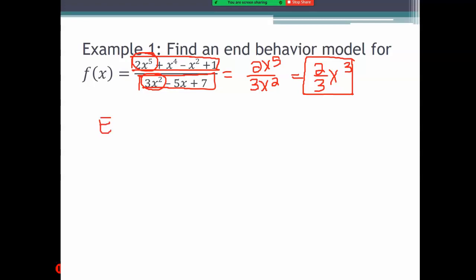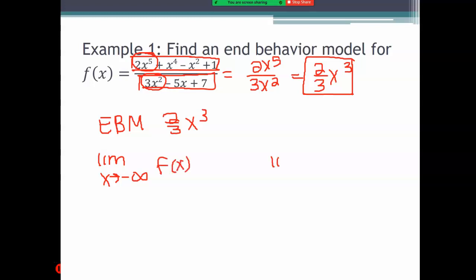So this end behavior model is 2/3 x cubed, which means the limit as x approaches negative infinity and the limit as x approaches infinity will behave like x cubed. So as x cubed is getting more and more negative, this would go to negative infinity.